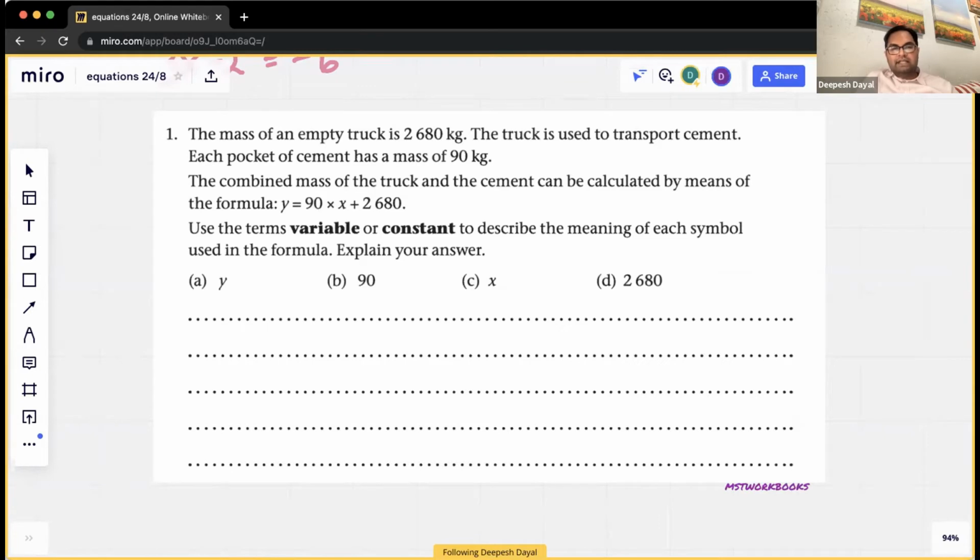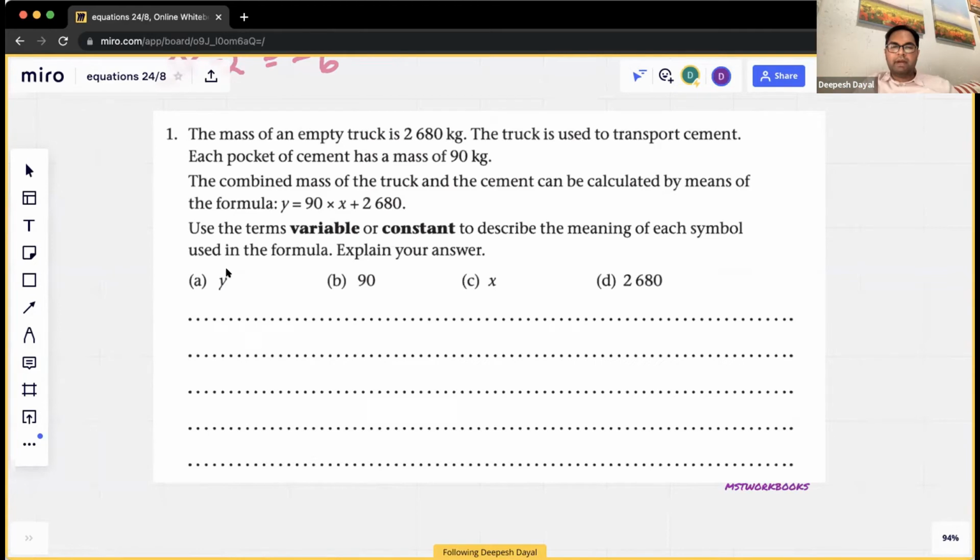So let's go through it again. It says the mass of an empty truck is 2680. So that's the full mass of the truck, right? The truck is used to transport cement. Each pocket of cement has a mass of 90 kg. So every single cement pocket has 90 kgs, right? Okay.